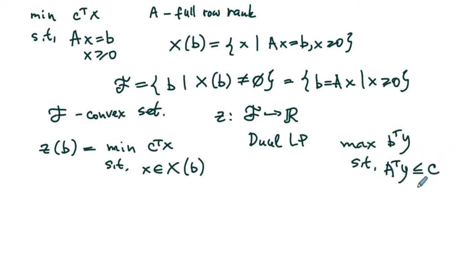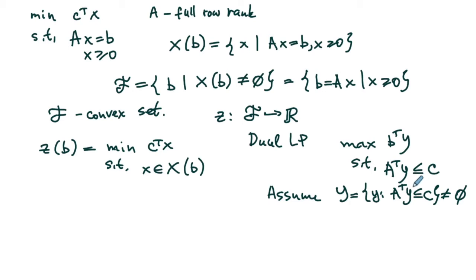So this is our dual problem, and we'll also assume that the dual problem does have a feasible solution as well. So if we denote the feasible region for the dual by Y, which is the set of y's such that A transposed y is less than or equal to c, then we assume that this set is non-empty, meaning that we have a lower bound on the optimal objective value for the primal, right?